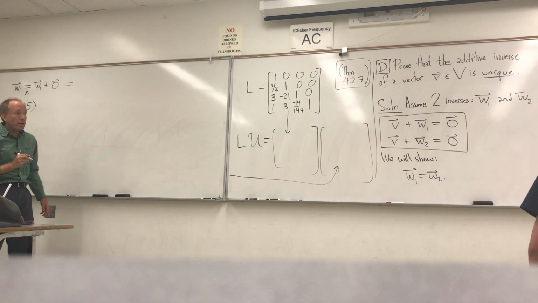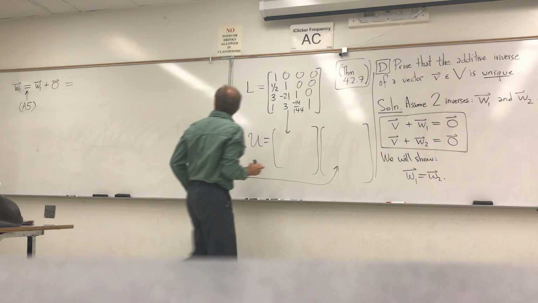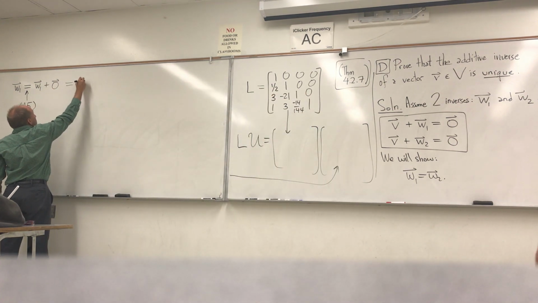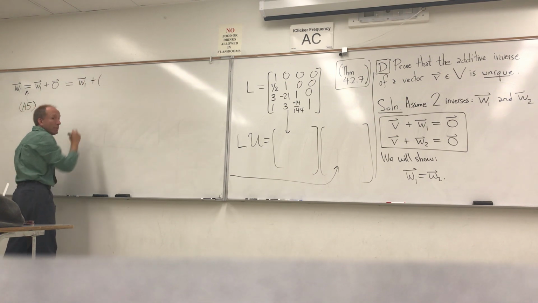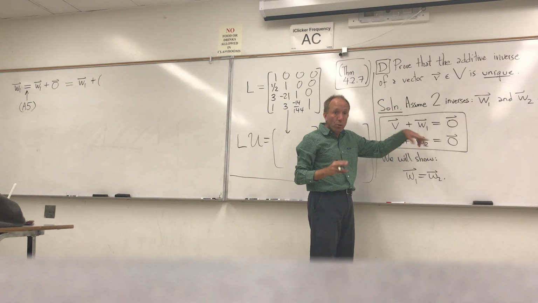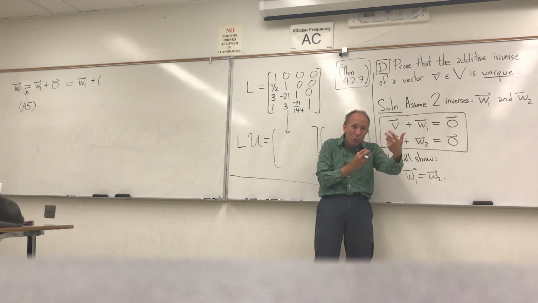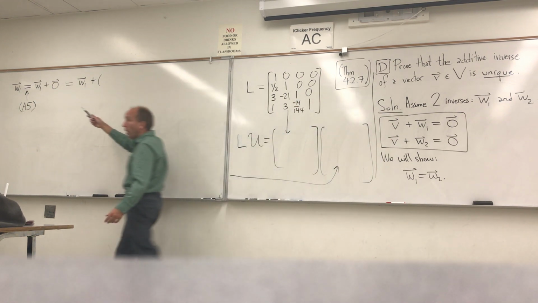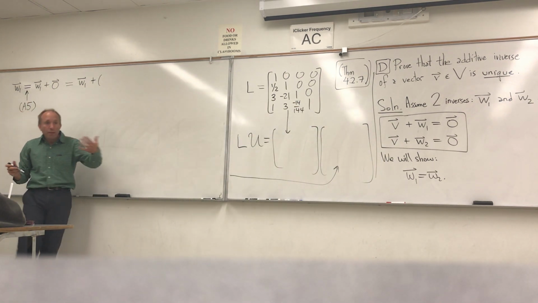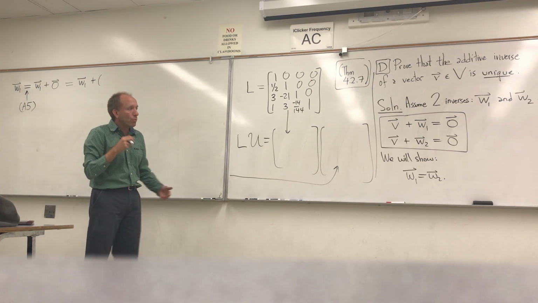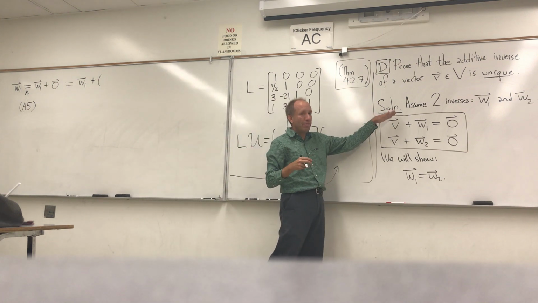Okay, and so next you want to do what? You want to take that 0 vector and replace it with what? V plus W2. Okay, V plus W2, and I could also replace it with V plus W1, but the whole goal here is to get the W2 represented into the solution. We're starting with W1 here, so I want to get the W2 involved. That's the reason for working with the second equation rather than the first one. Kind of with me so far?